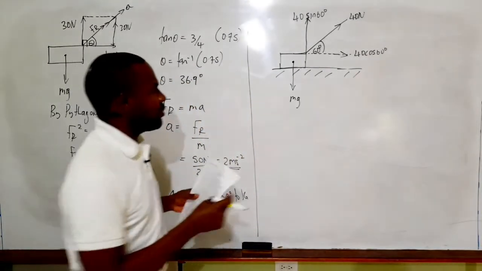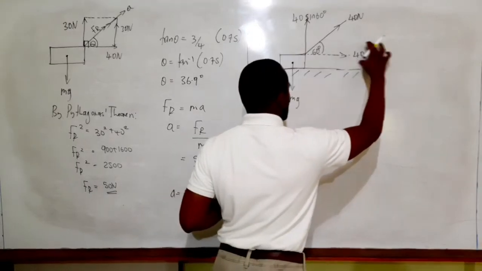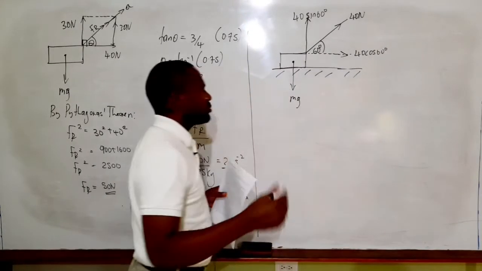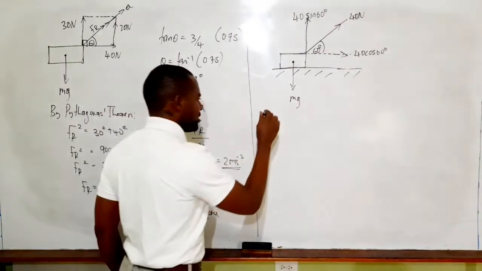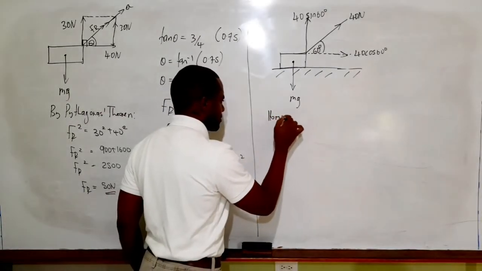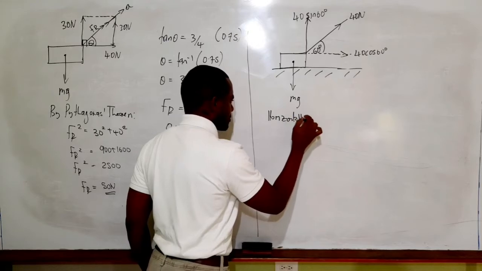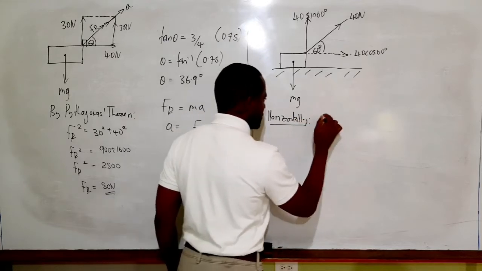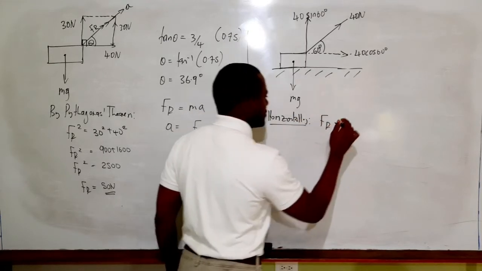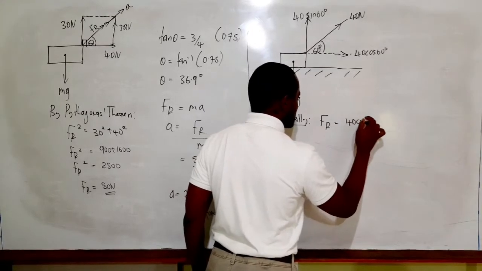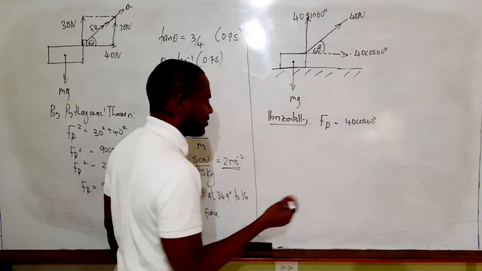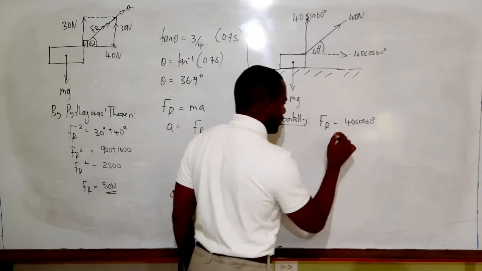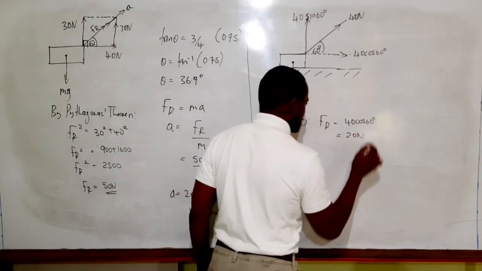So it is being pulled along the ground, and therefore this horizontal component is the one which provides the acceleration. So we can say that horizontally, the resultant force Fr is equal to 40 cos of 60 degrees. Cos of 60 degrees is equal to a half. So a half of 40 is equal to 20 newtons, right?